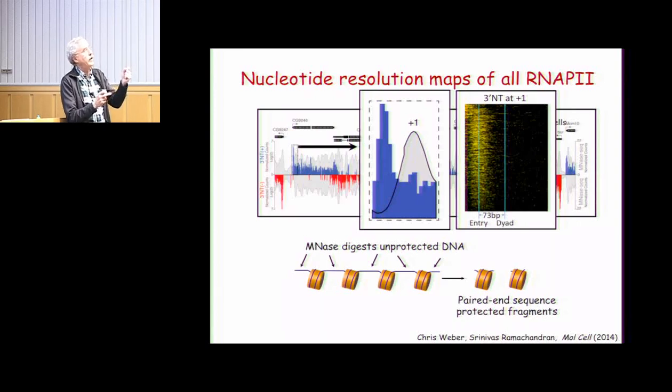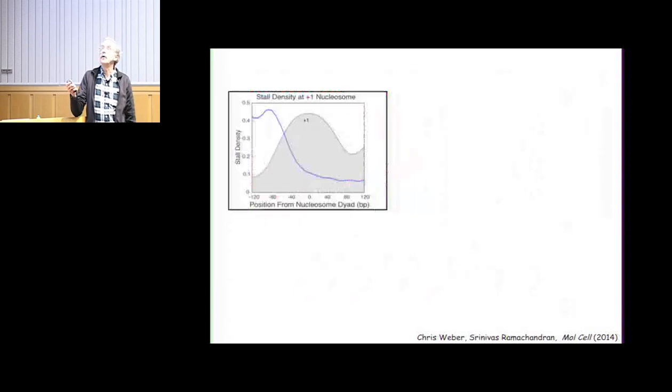But it turns out that when we separate those out and look, they also will stall when they hit the entry site. So this is a housekeeping process. Essentially, all RNA polymerases will stall to some extent when they hit the entry site of the nucleosome. Now, this is just another representation of what I just showed you.